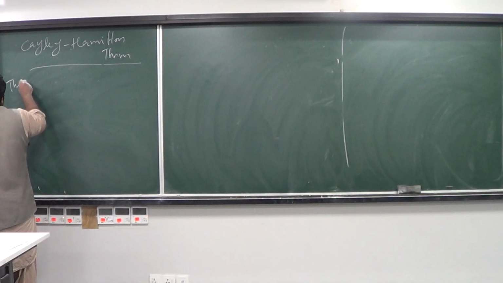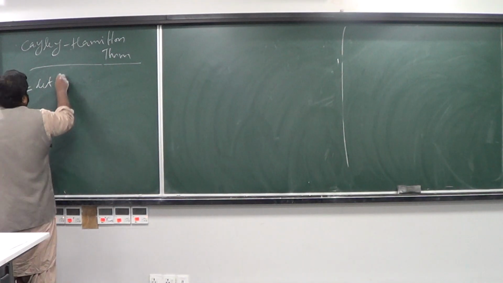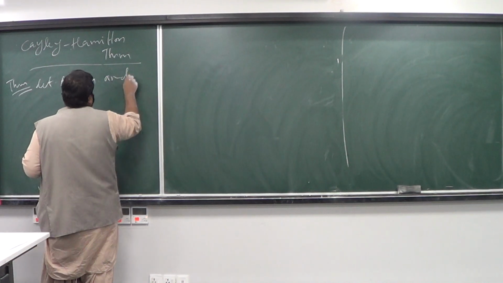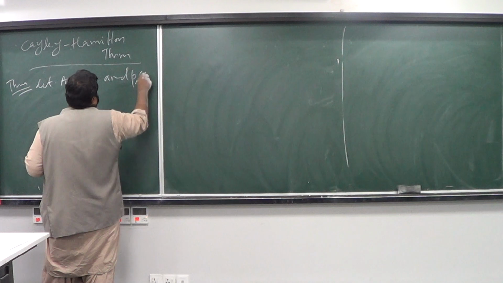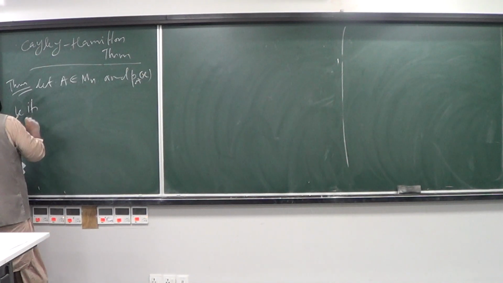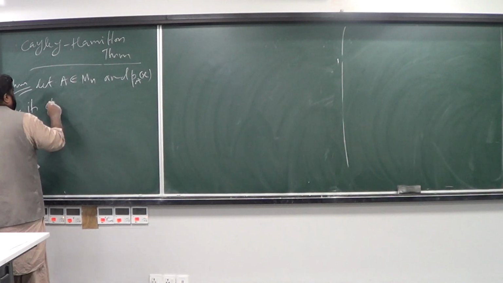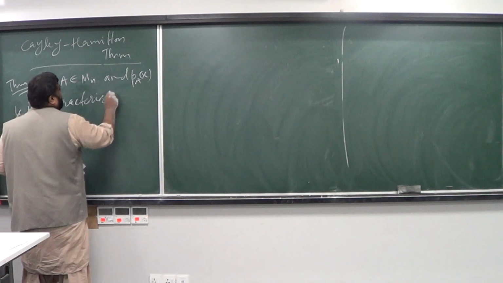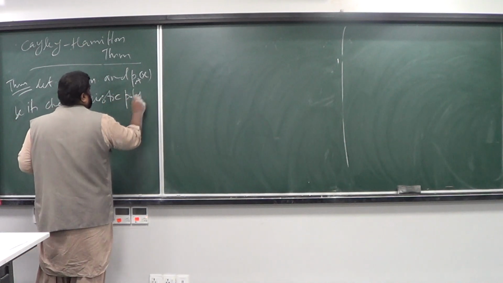So the theorem goes like this: let A be an n by n matrix and P A of x be its characteristic polynomial.